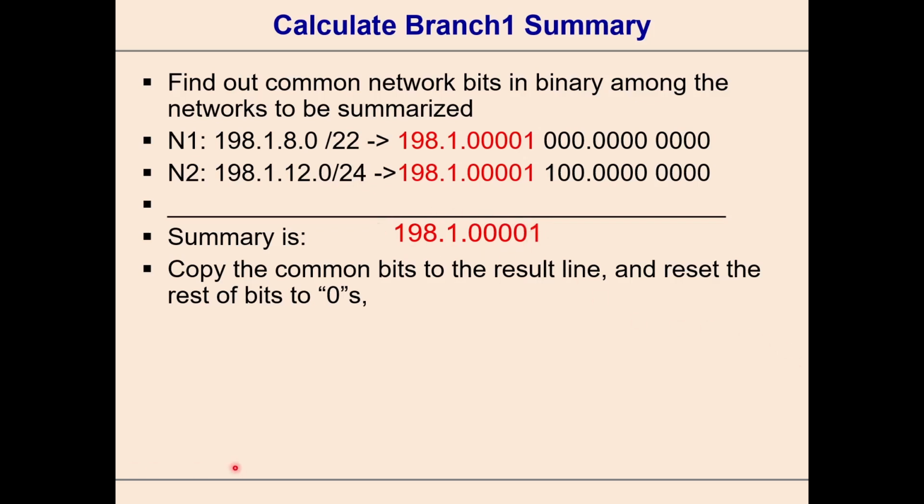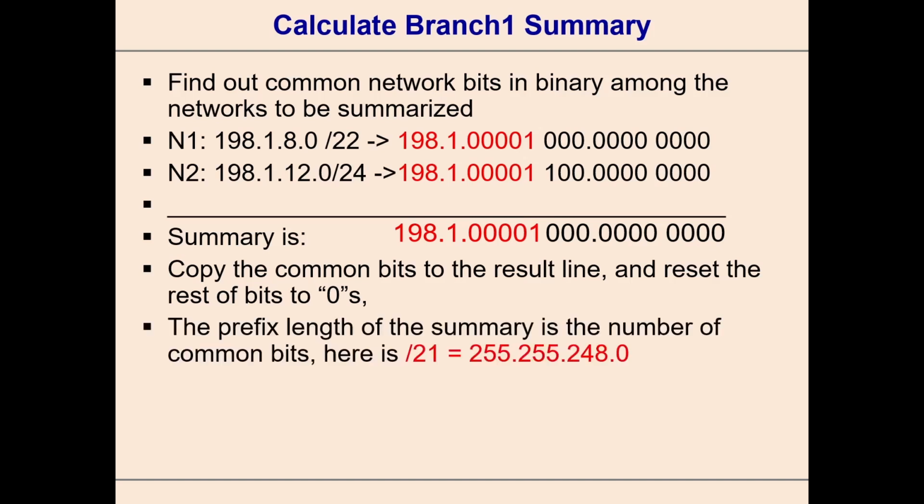Then we reset the rest of the binary bits on the right to 0. That creates the host portion for the summary network. This is the summary of branch 1. To calculate the subnet mask, we simply count the number of matching common bits on the left, highlighted in red.